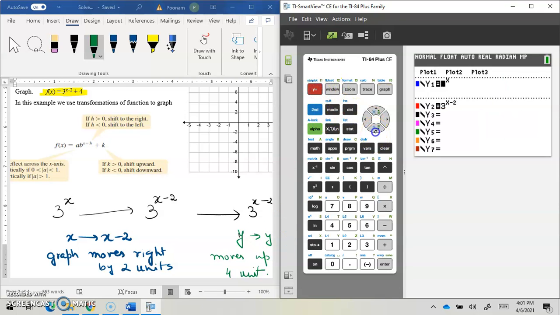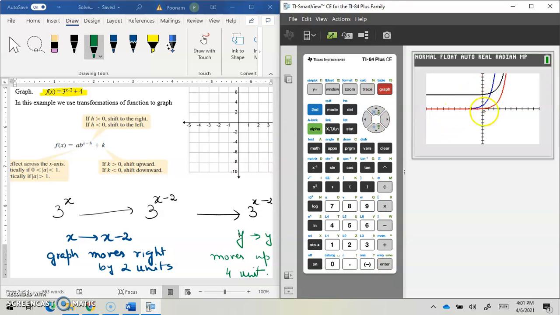Then you go down in y3, you write 3 raised to power x minus 2 plus 4. What is that supposed to do? According to our analysis, it is supposed to move the graph up. So that red graph is finally moved up by 4 units.